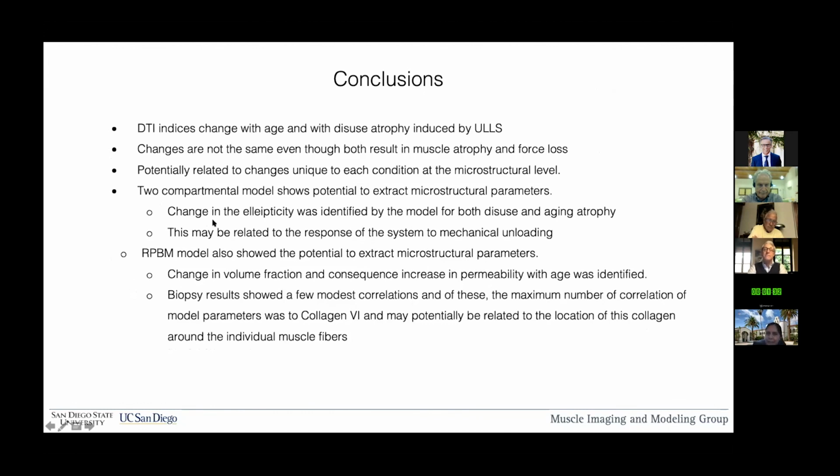We're excited by the ellipticity findings from the two compartmental models, and also some of the correlations with collagen 6 that might indicate that collagen in the endomysium also modulates the mobility of water molecules. And from that, we could make inferences from diffusion alone, and our ultimate goal is that we get rid of biopsy and substitute it with non-invasive imaging techniques. Thank you.